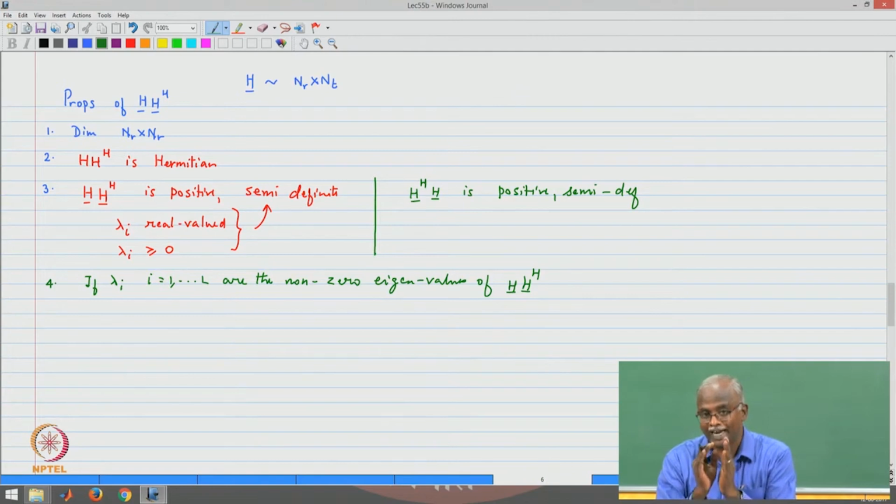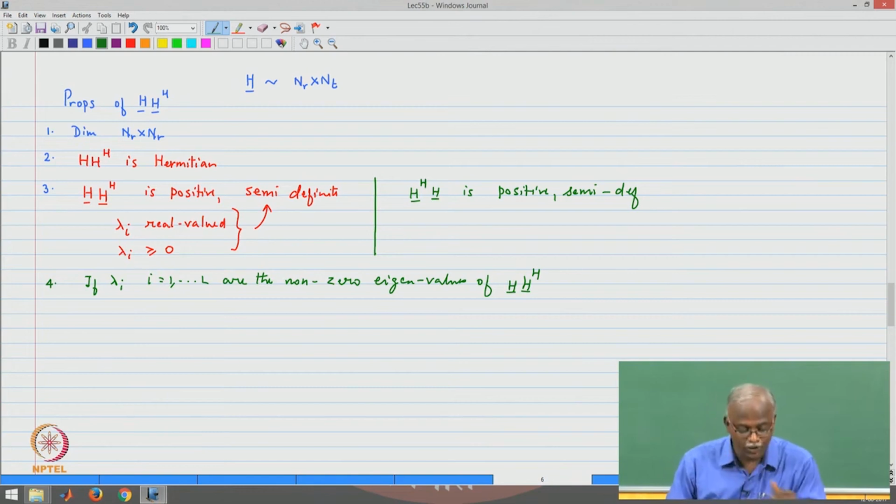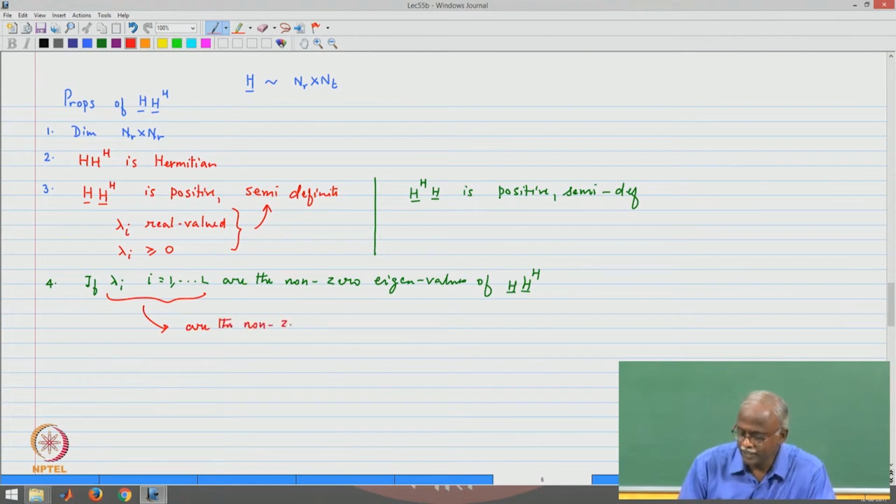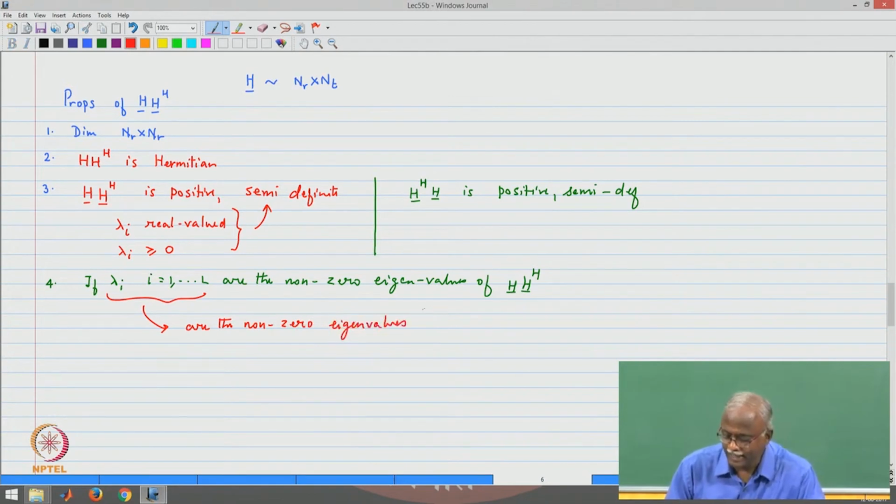If the rank of H is L, then H H Hermitian will have a set of non-zero eigenvalues, and these are the non-zero eigenvalues. We can show that this set are also the non-zero eigenvalues of H Hermitian H. Okay, so there are some very interesting structures present between H H Hermitian and H Hermitian times H.